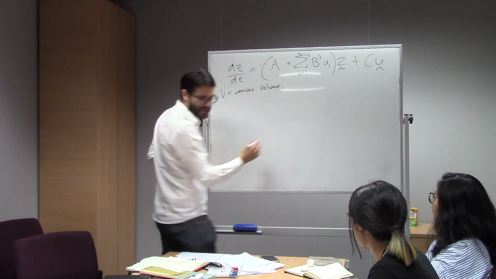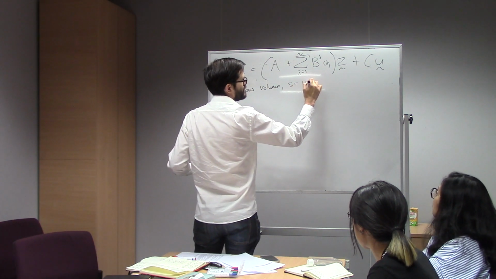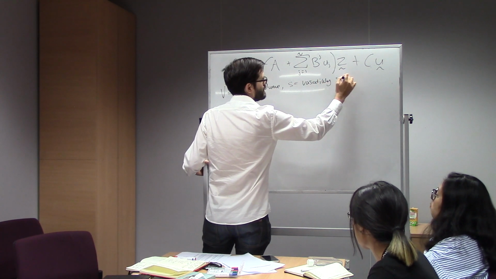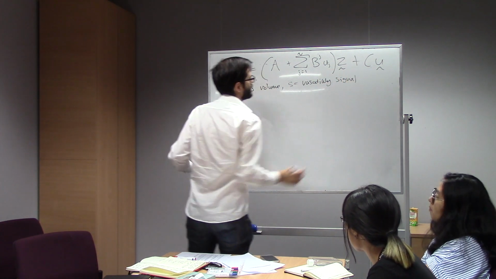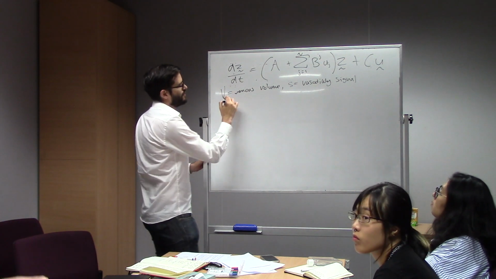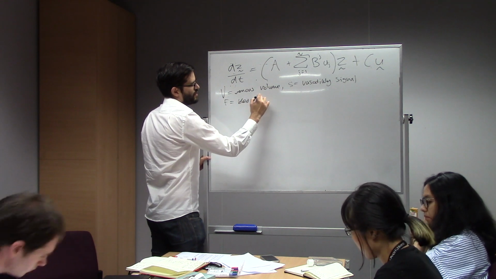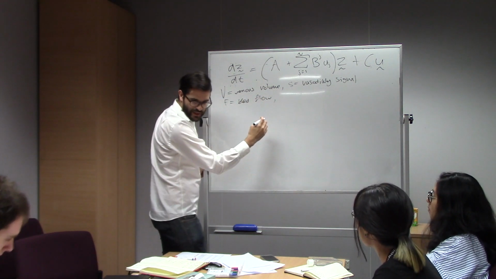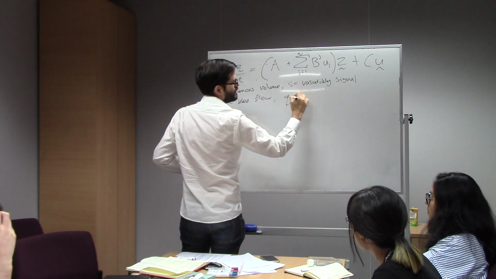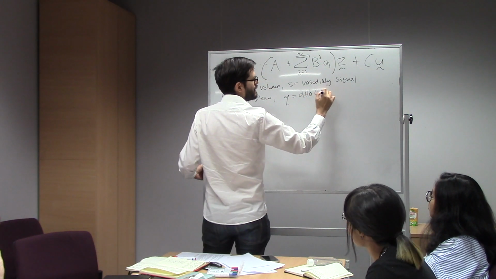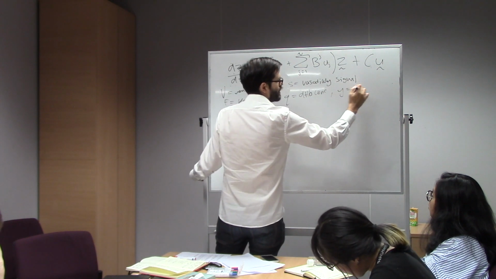We will have S as a vasodilatory signal. We're going to have F, which is blood flow. We're also going to have Q, which is the dHb content, concentration, and Y equals BOLD.